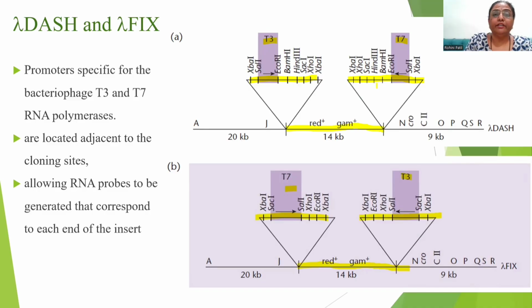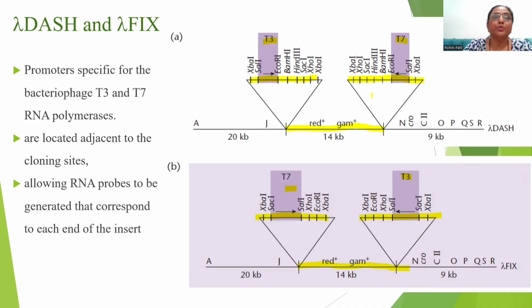The specialty of this vector is that you can generate RNA probes. On this vector there are the T3 promoter and the T7 promoter, on both sides. So if the RNA polymerase for T3 or T7 is used, you can obtain RNA probes, because the promoter allows the start of transcription, and that transcription goes through your fragment which has been cloned.